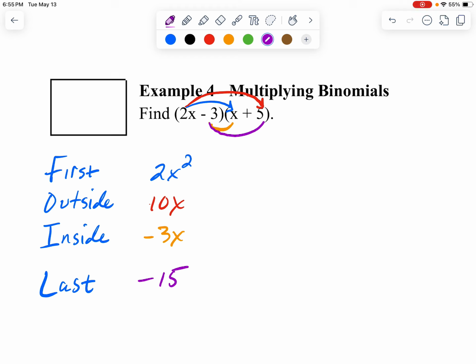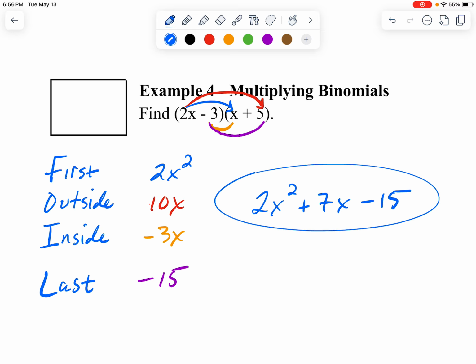So again, this is just a way of helping us remember, okay, I got to do each of these times each of these, and this is a way to do that. So again, if we simplify, I've got these two like terms, so we would end up with 2x squared, got a positive 10x and a minus 3x, so that would be plus 7x minus 15.